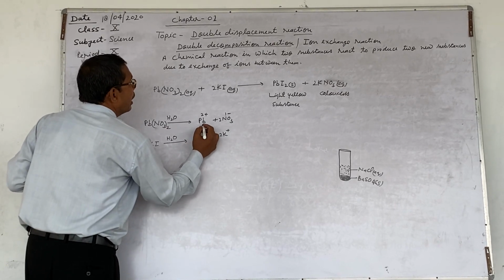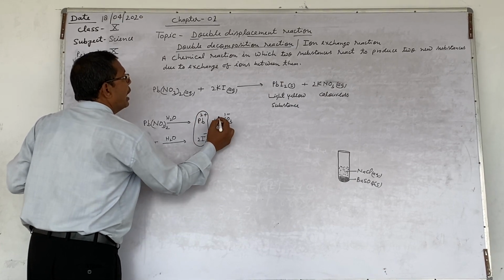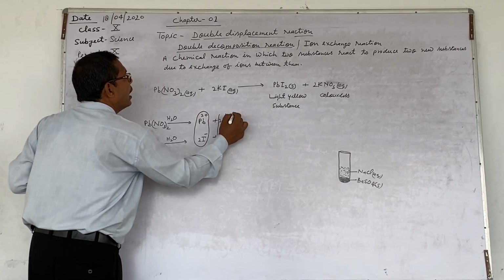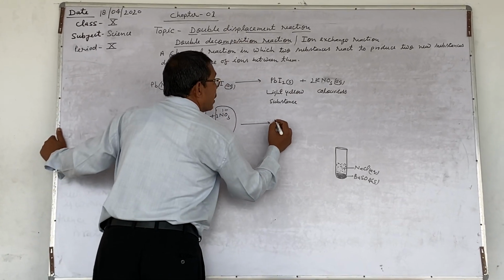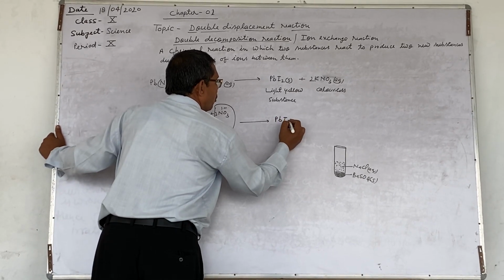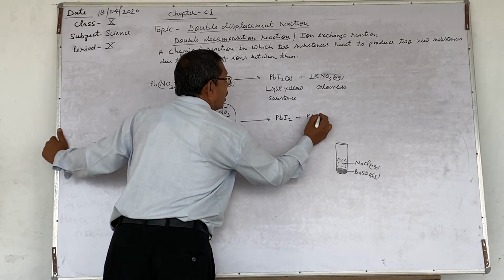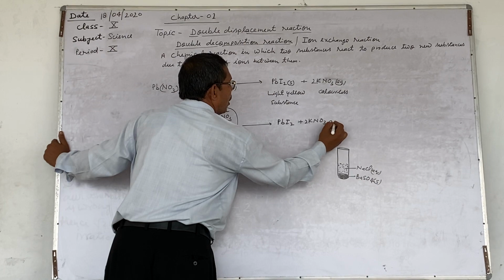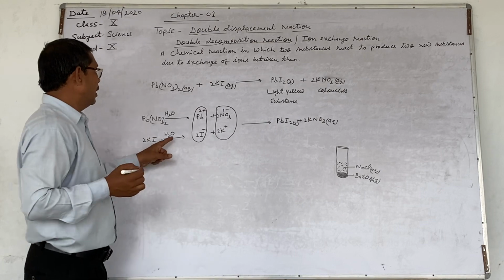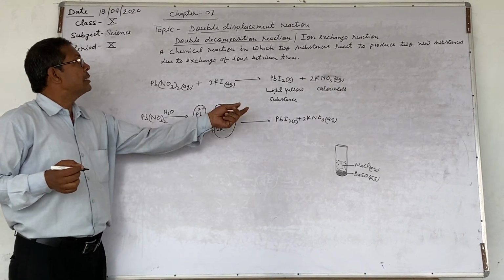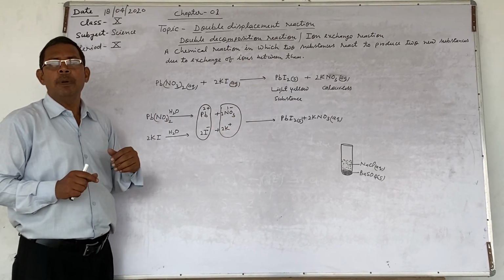Here lead ion and iodide ion combine to form lead iodide, whereas potassium ion and nitrate ion combine to form potassium nitrate, PbI2 plus KNO3. Right? So this is very simple ion exchange reaction. You can simply say ion exchange reaction is called a double displacement reaction.